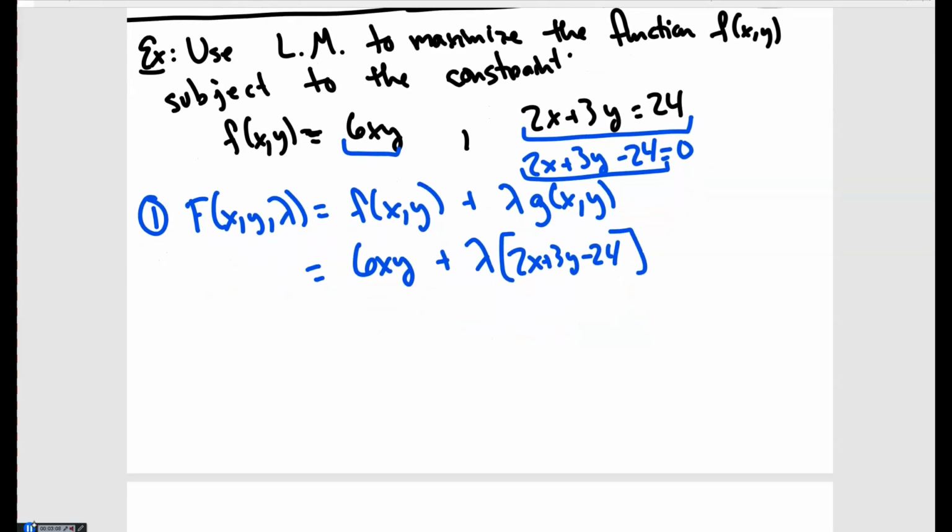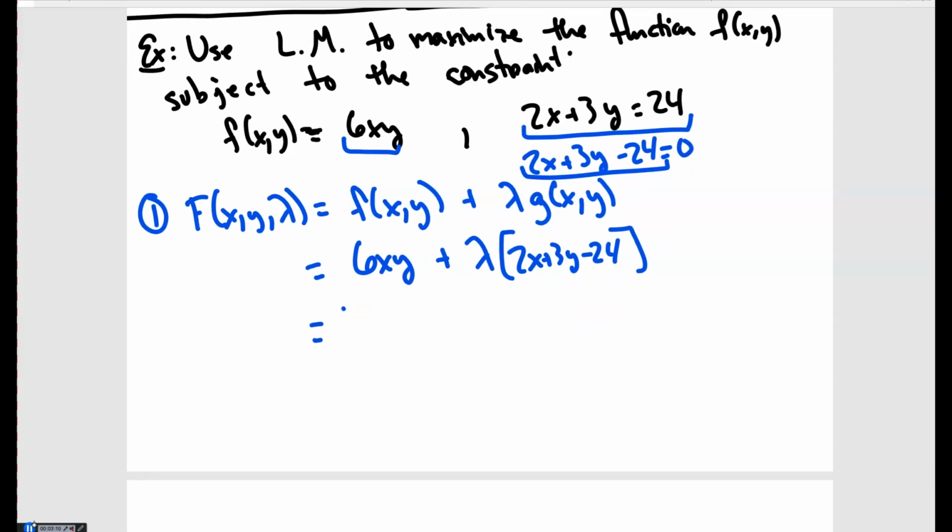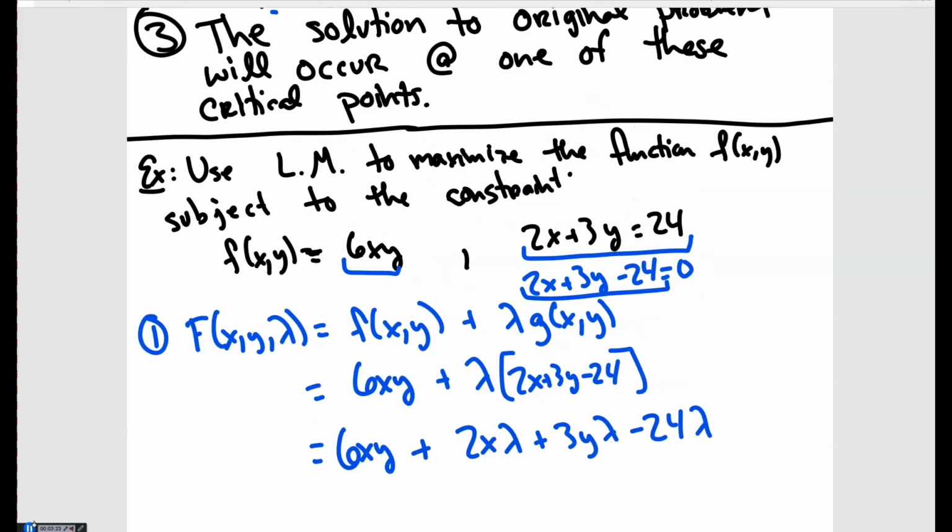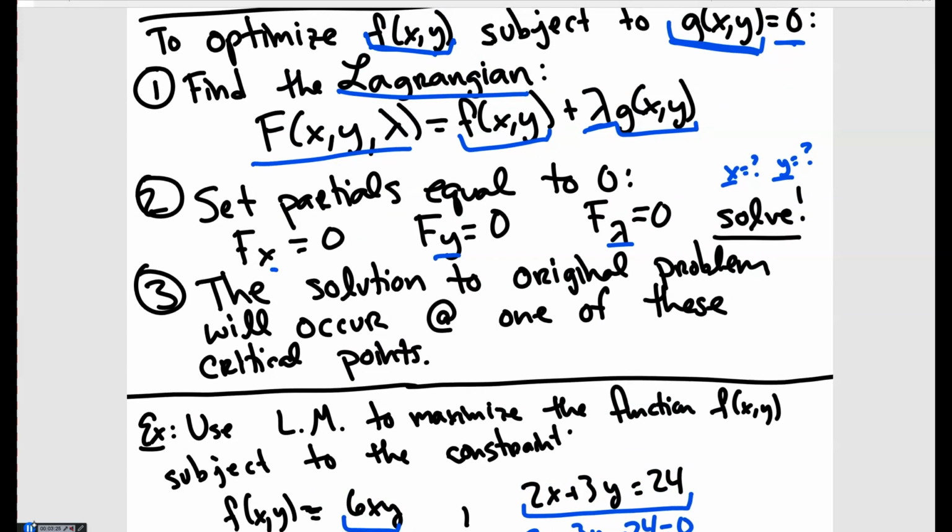Let me distribute this and clean it up a little bit. So I have 6xy plus 2x lambda plus 3y lambda minus 24 lambda. So we found the first part, which was finding the Lagrangian.